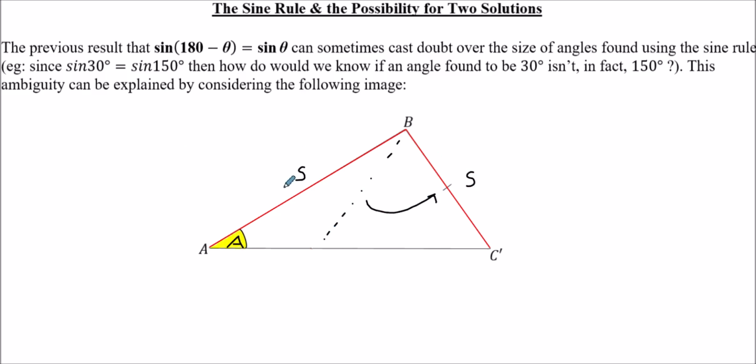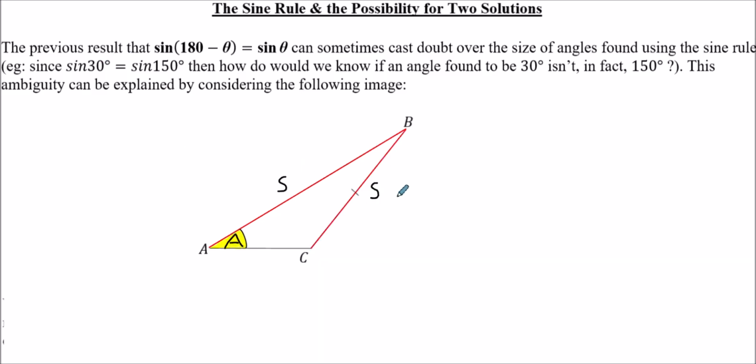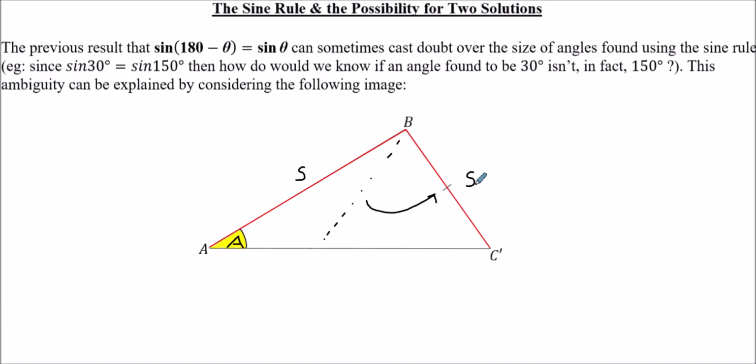As you can see, this triangle is completely different to this one. So angle, side, side, in this case, is not the same, despite the fact that the angle does indeed look the same.